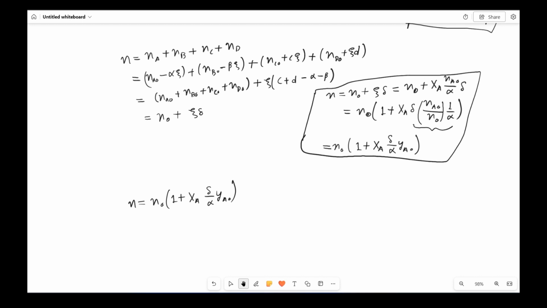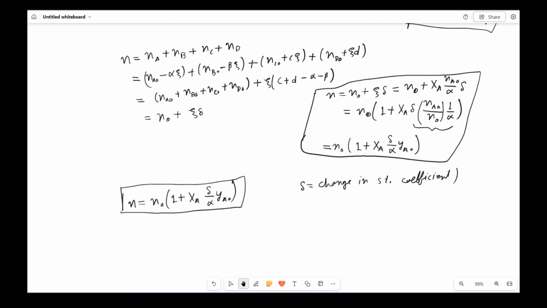This is a very useful expression where delta is the change in stoichiometric coefficient. And with this expression, you can do many sums in TRE, point process calculation.